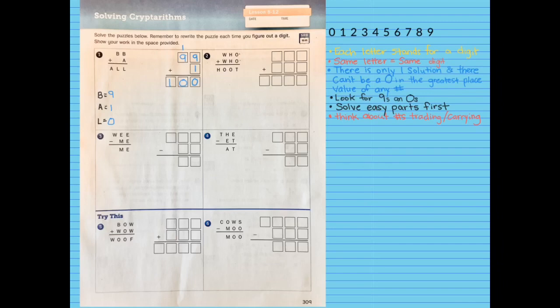Would 2 plus 2 equal something? Yeah, for sure. So could you get two numbers that equal 2 here and maybe two numbers that equal 2 here? Two different numbers? Maybe, especially if we need something to carry.